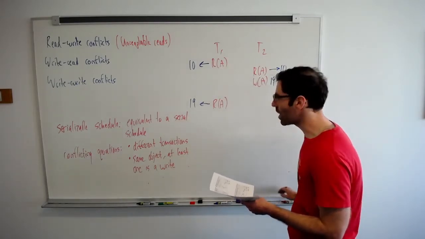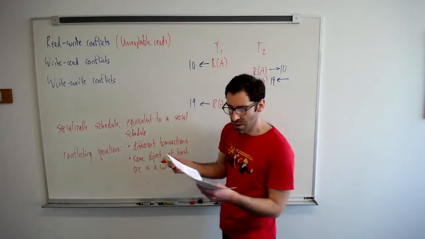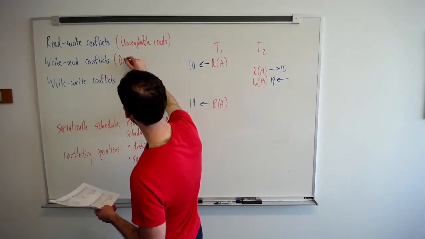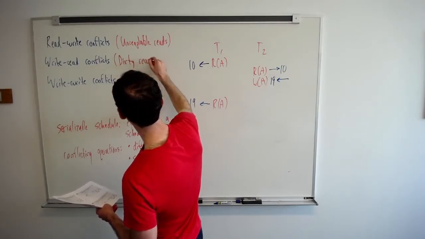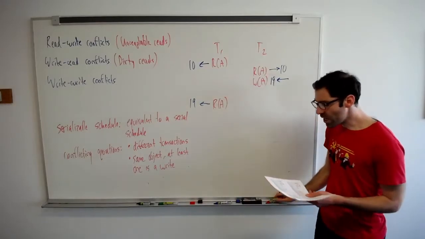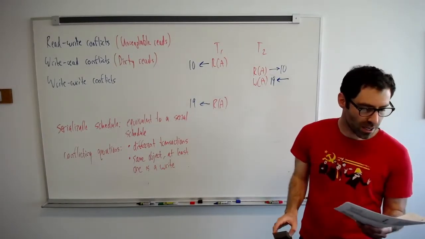In our write-read conflicts, these are sometimes called dirty reads, and it just means we're reading uncommitted data.